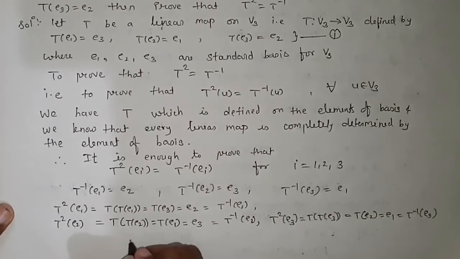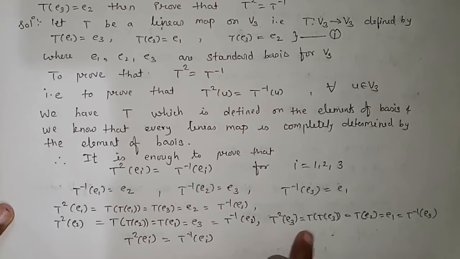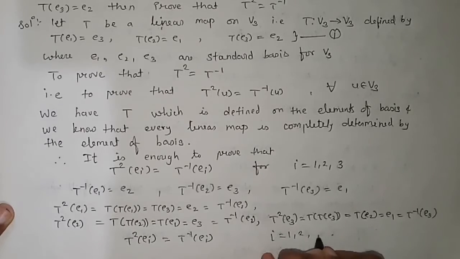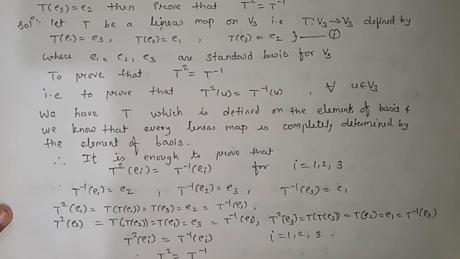From this we can conclude that T square of EI is equal to T inverse of EI, because we have proved it for all EIs, E1, E2 and E3. So from this we can conclude this for all I is equal to 1, 2, 3. Therefore, T square is equal to T inverse. Hence, the proof.